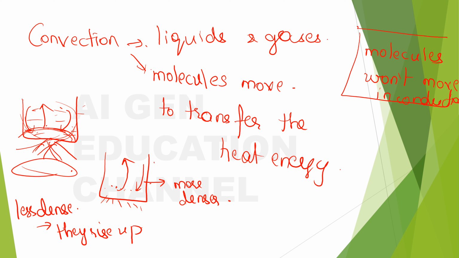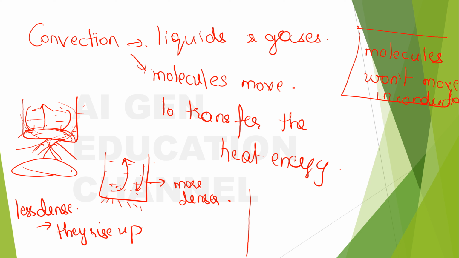The warm particles go up and the cold particles come down, and the circular motion continues till the entire liquid attains the same temperature. This is how the transfer of heat energy takes place through convection.